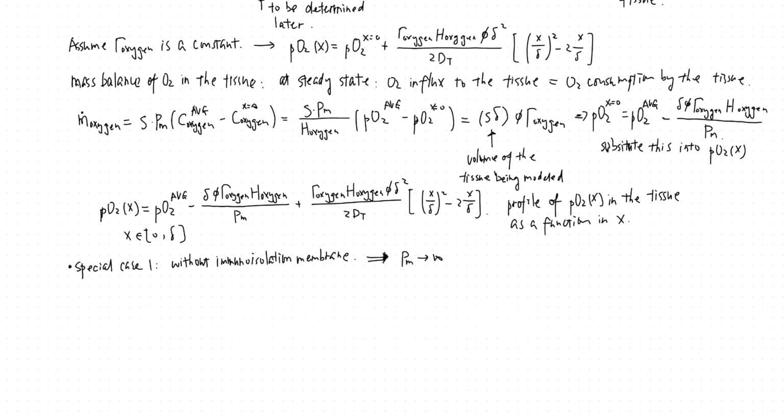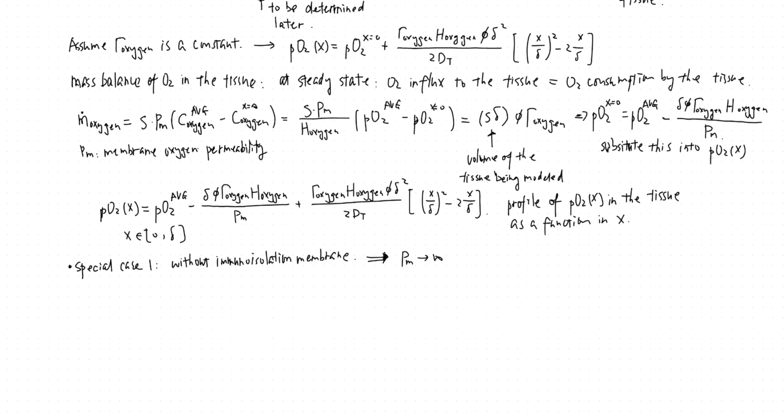Oh, I think I should write down what PM is in case you get confused. Sorry about it. So PM is the membrane oxygen permeability. So when the permeability goes to infinite, you don't have the second term.